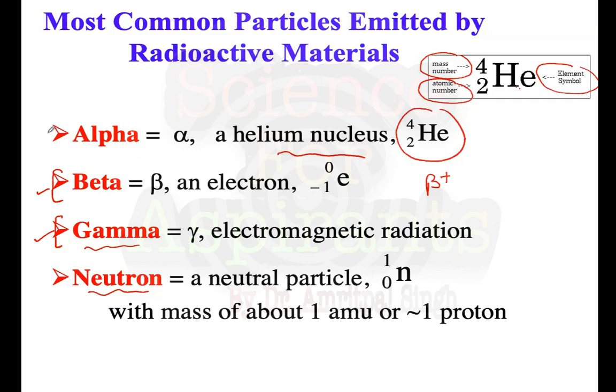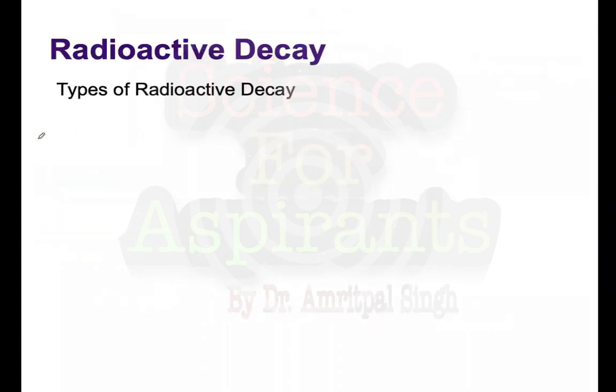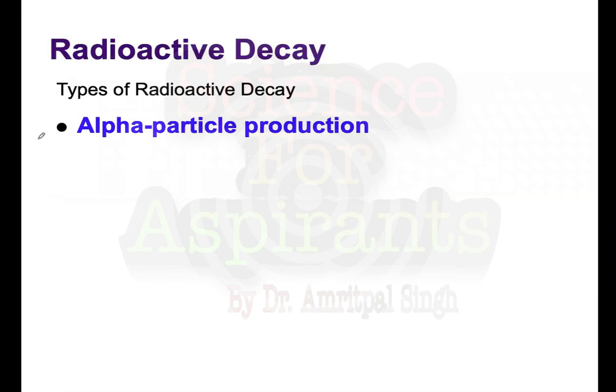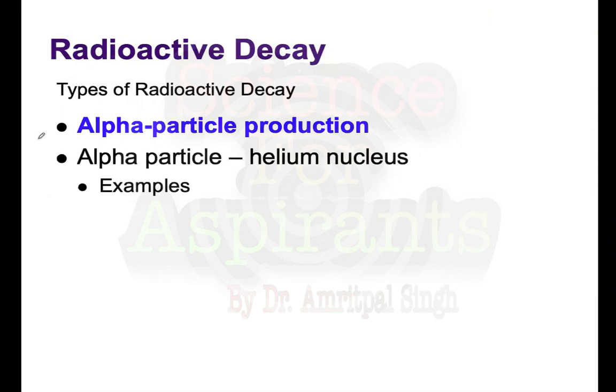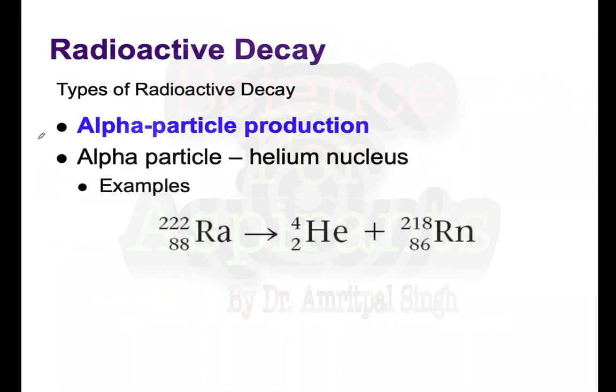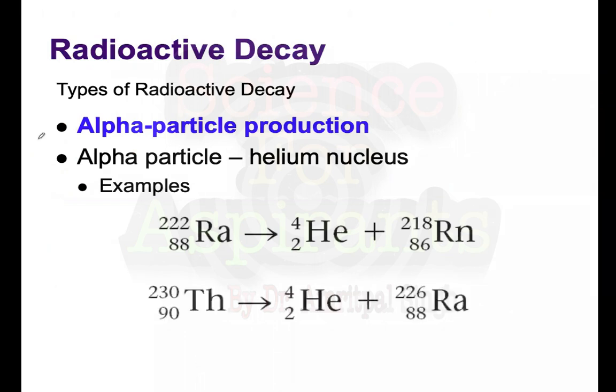In today's lecture, we will concentrate more on alpha decay, and how this happens due to radioactivity. So in alpha decay, you can see that here radium is emitting an alpha particle and is being converted into radon by the emission of this alpha particle.